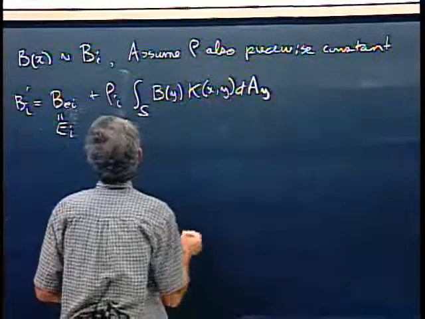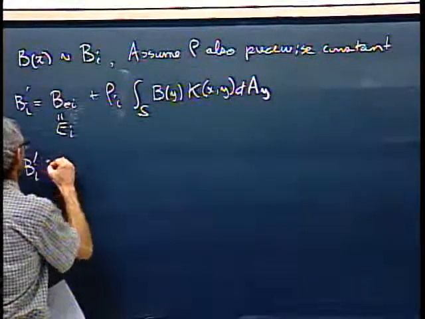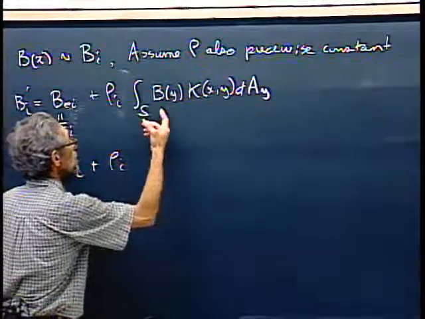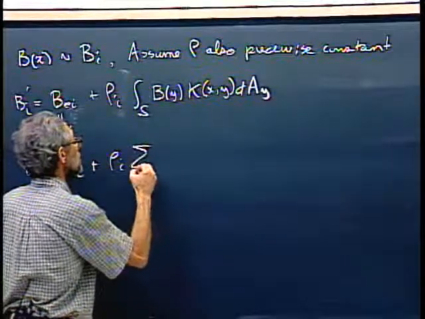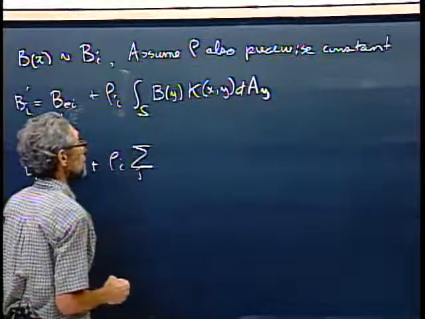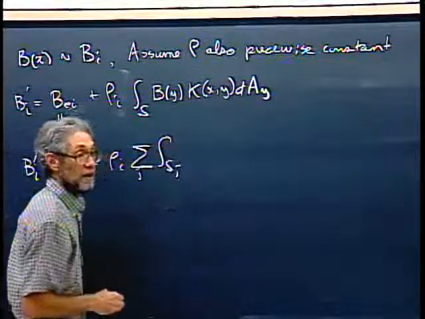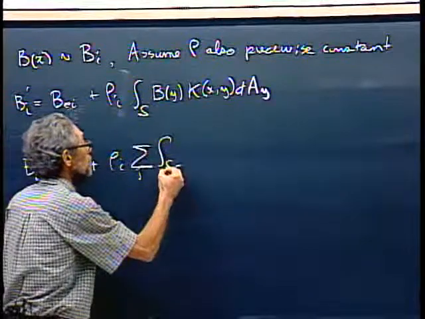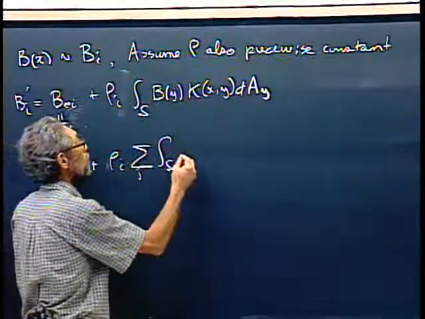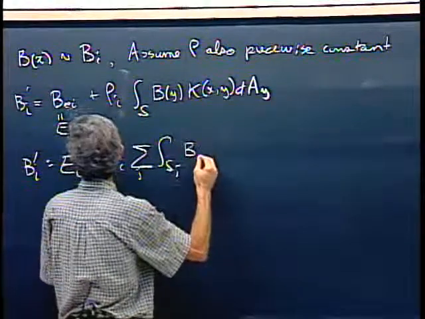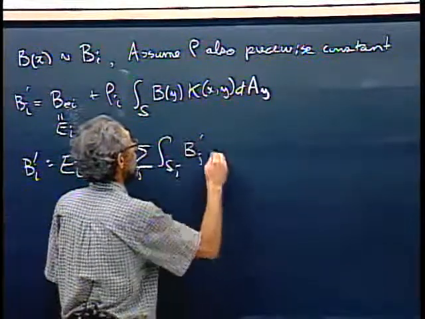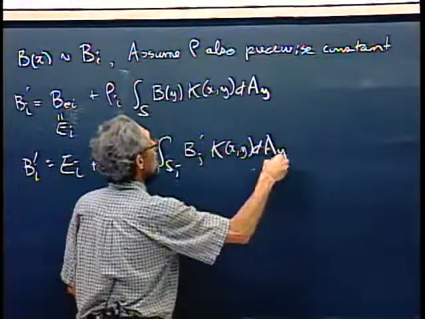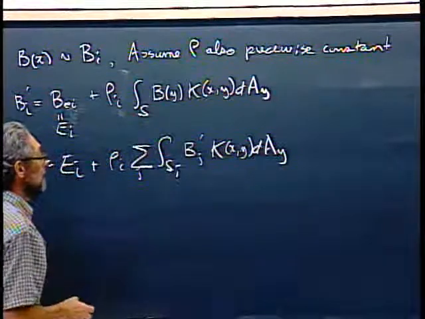So what I want to do is take rho i times the sum, this integral, as the sum over surfaces j of integrals over Sj, where Sj is one of the other patches in the scene. This whole S is the union of these patches Sj, and now over each Sj I can really write this as Bj prime, another constant, times K(x, y) dA, and that means I can take that constant out of the integral.